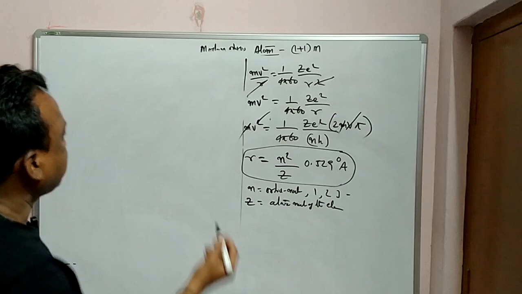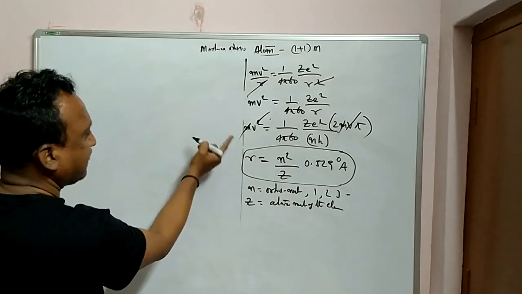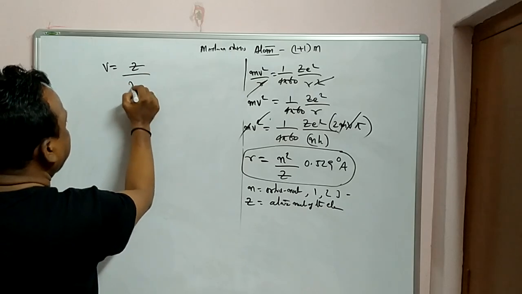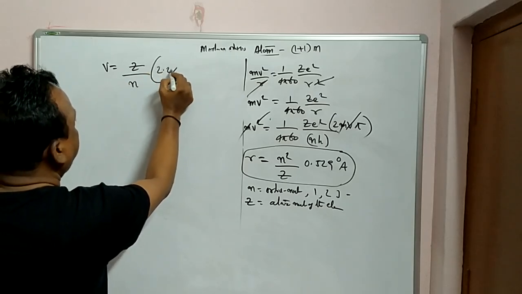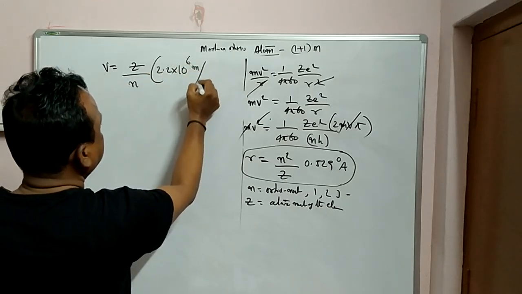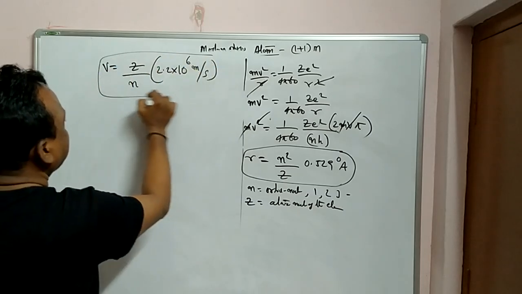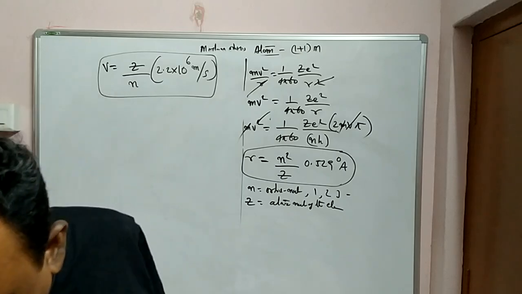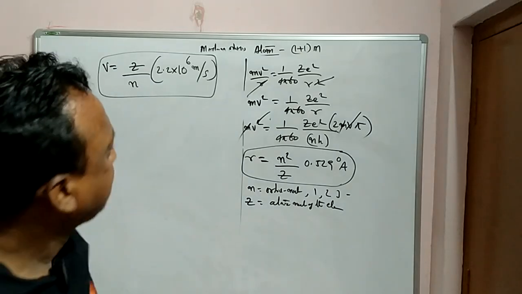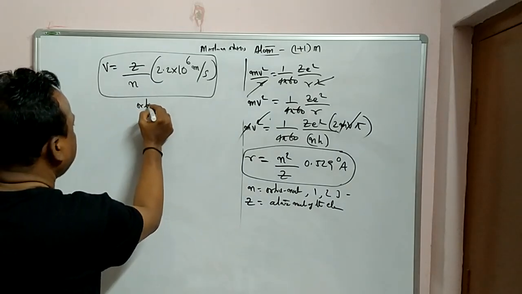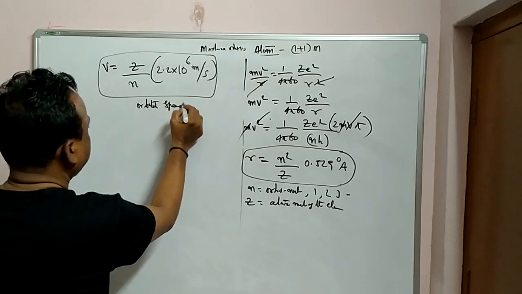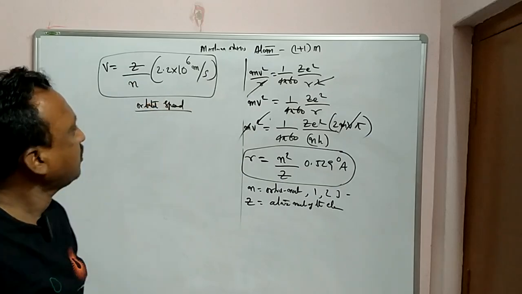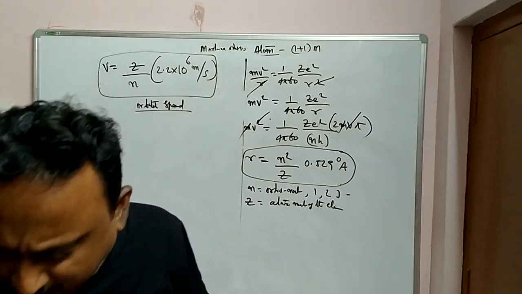So if you substitute the same thing again, you will get velocity is nearly equal to Z by N into 2.2 into 10 power 6 meters per second. Again, Z is the atomic number of the element, N is the orbit number. This is also called the orbital speed, with what speed the electron is revolving.